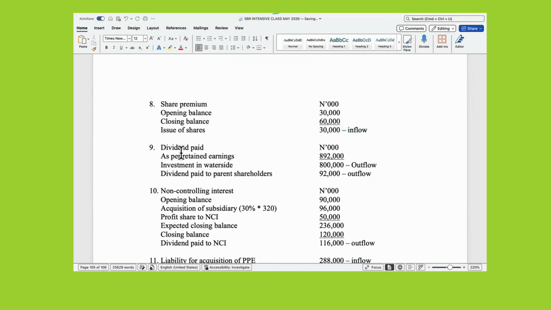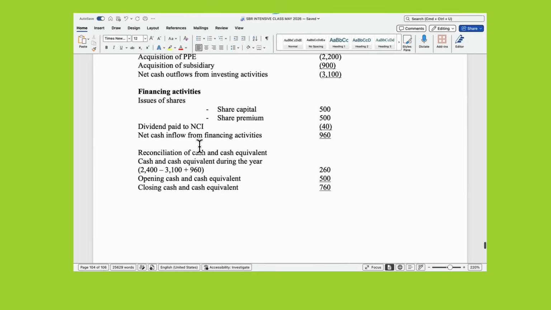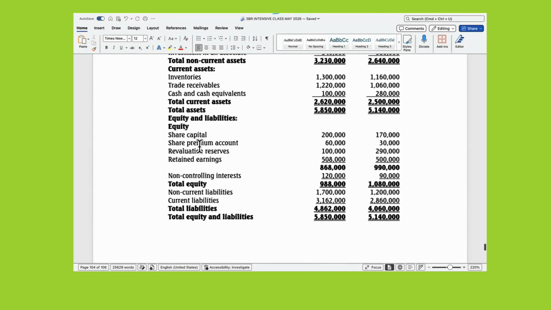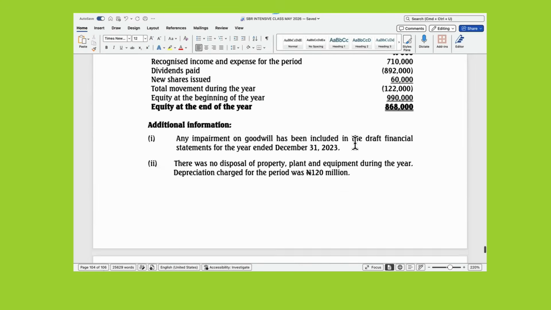So they told me that they paid dividend to Waterside. Since I'm in retained earnings, I want to use that to get the movement in retained earnings, which would explain dividends.